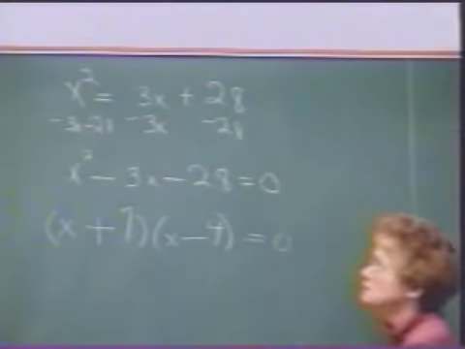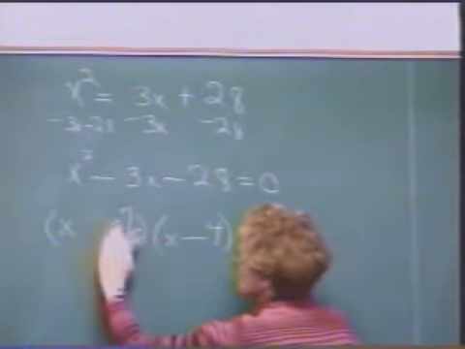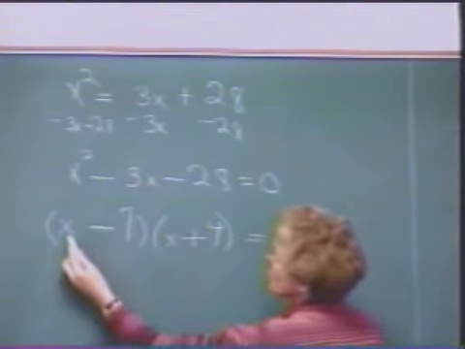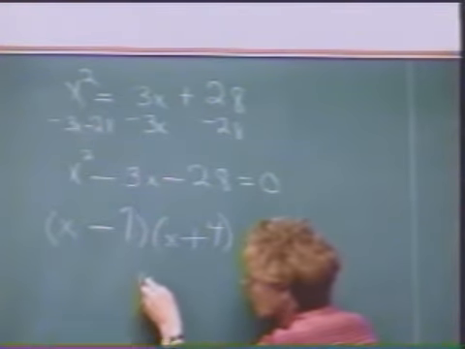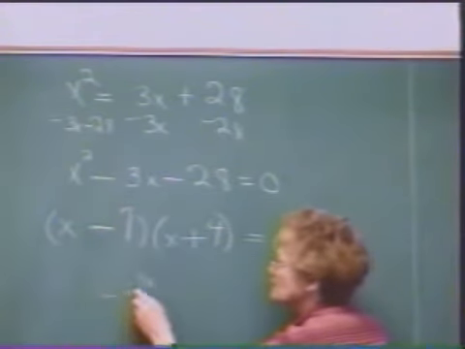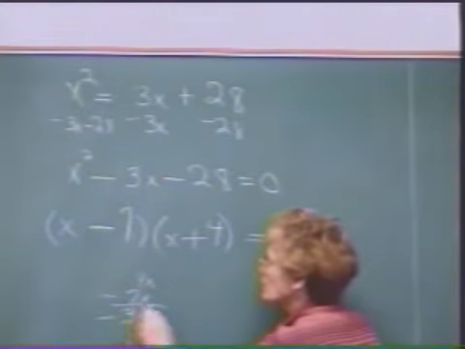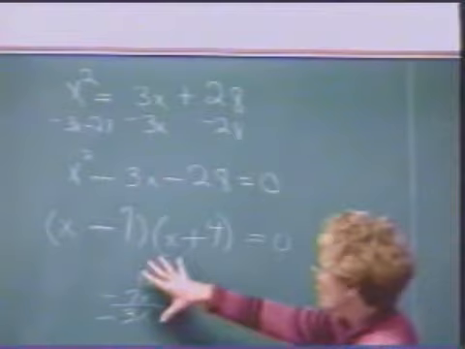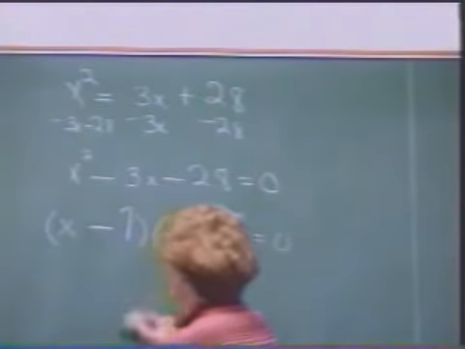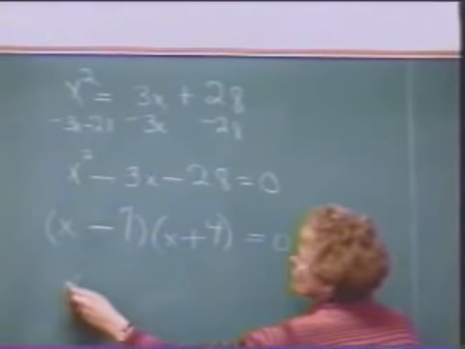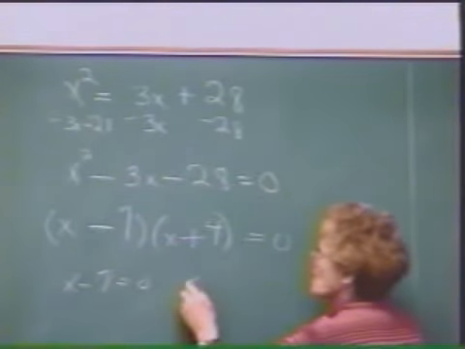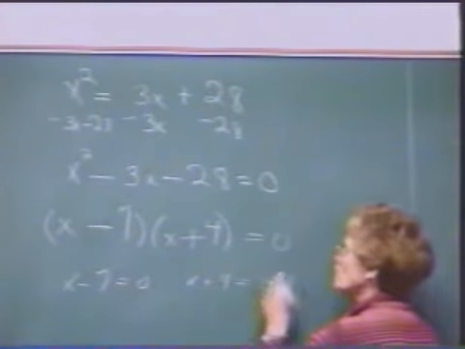Will that do it? No, because we need to reverse those. So that when I do my outsides, I have 4x, my insides negative 7x, and that will give us our negative 3x. So that's the way we want them. So then we set those equal to 0 to get our answers. So what will be our two answers?